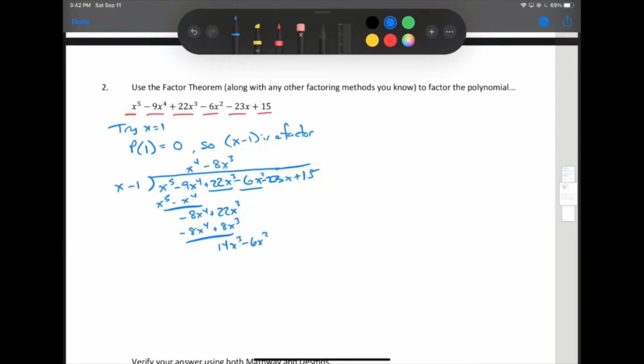Minus 6x squared plus 14x squared, minus 14x squared. Negative 6 minus negative 14 is positive 8. Multiply by 8x. Oops. Should be a minus 8x. No, it should also be a 23x. Minus 8x.